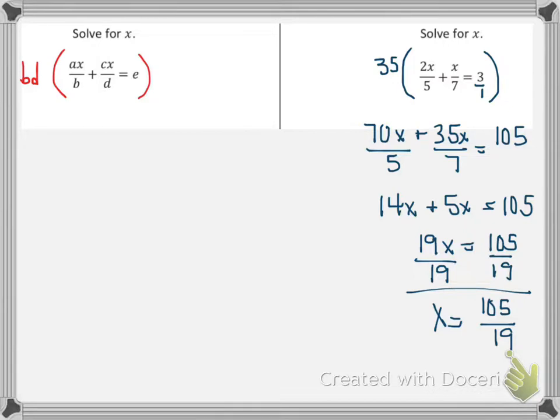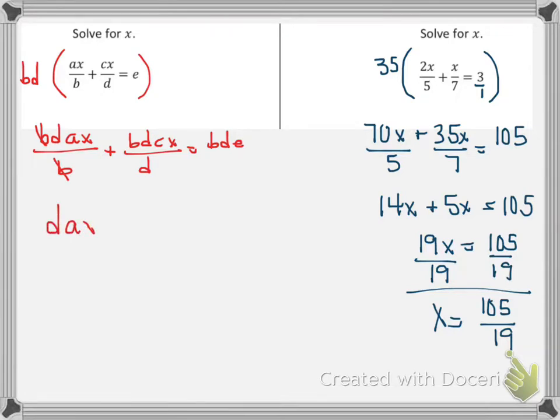And that's going to give me BD times AX over B, and then BD times CX over D, and that's going to be equal to BD times E. All right, and if we look at simplifying, I can see that this B and this B cancels out, so that just leaves me with DAX.